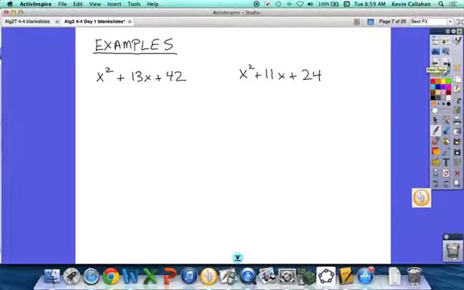Examples, right? Again, the thinking that I'm going to do, these are two separate problems. Okay, I have to think of the factors of 42 that add up to 13. Okay, so can we think of factors of 42?